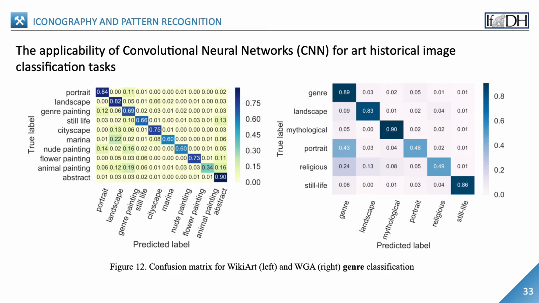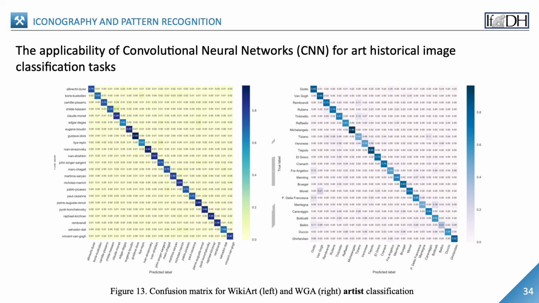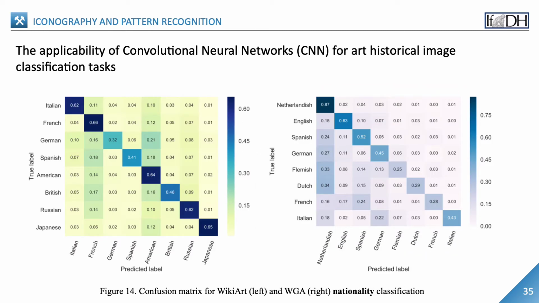The hit rates vary depending on the genre, which is due to the fact that the degree of unambiguity is much higher in portraits, landscapes or non-objective paintings than, for example, in still lifes or animal paintings, where elements of the other genres also appear. Incidentally, the classification of paintings according to artists was similarly successful, and landscape styles.